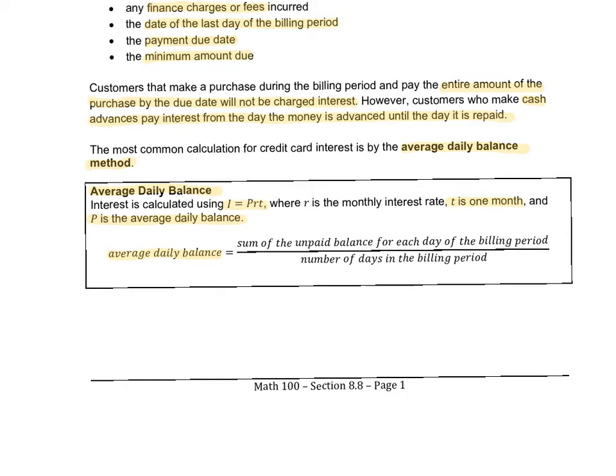So what we're totaling or summing is the unpaid balance for each day of the billing period. So you're going to take every single day of your billing period and you're going to add up all those balances for each day. And then you just divide by the number of days in the billing period. So if your billing cycle is a month, then it's probably going to be 30 days or 31 days unless it's February.